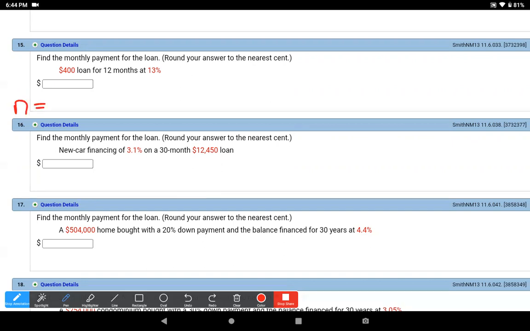N equals 12 because it's monthly. It's a $400 loan. So that's the present value, I think. T equals 1.